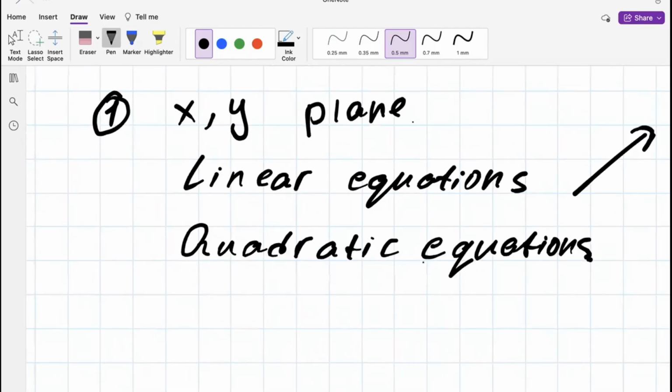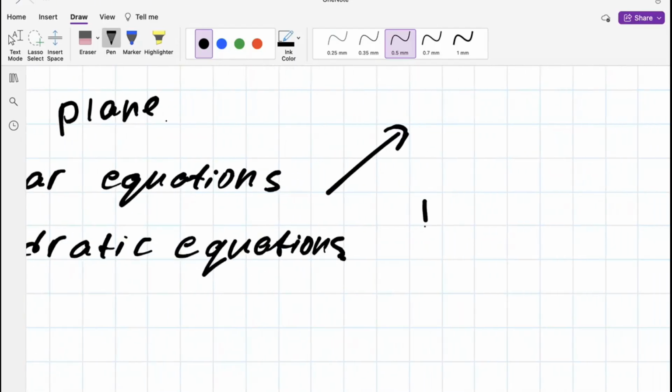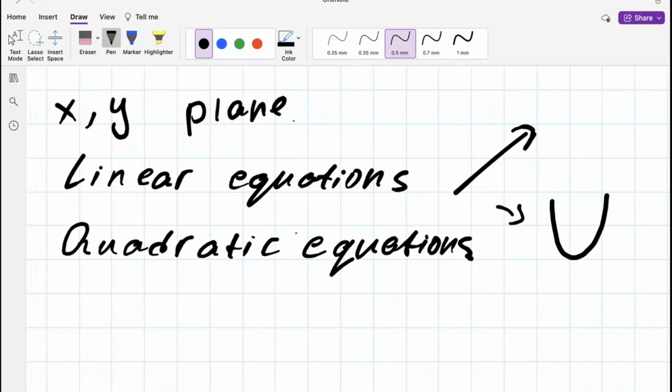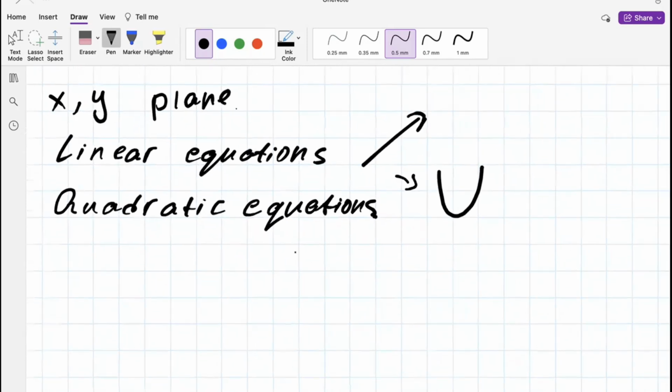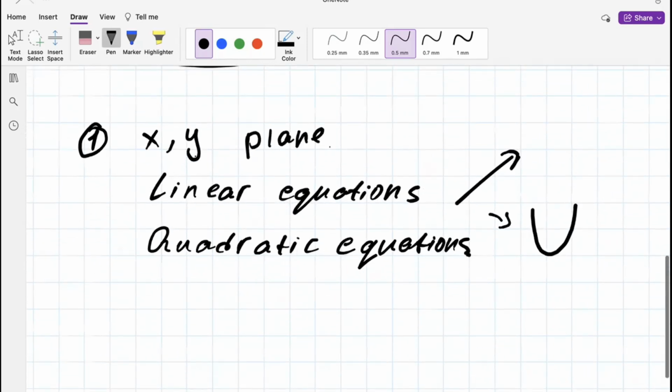And the graph of a quadratic equation is a parabola, so it's a curve. The shape of the parabola, of course, depends on the equation itself. And in our first class, we'll study these three topics.